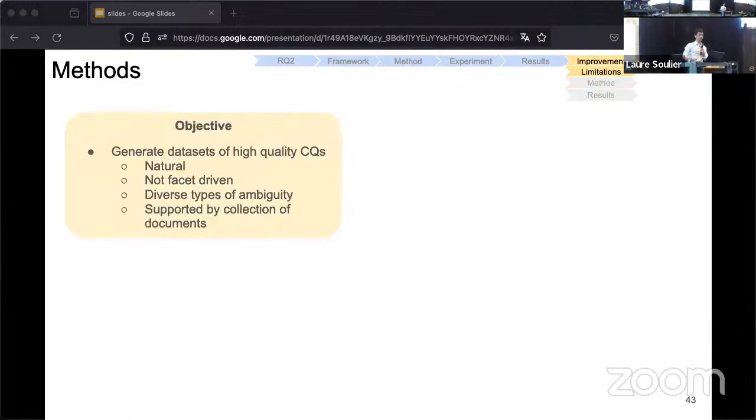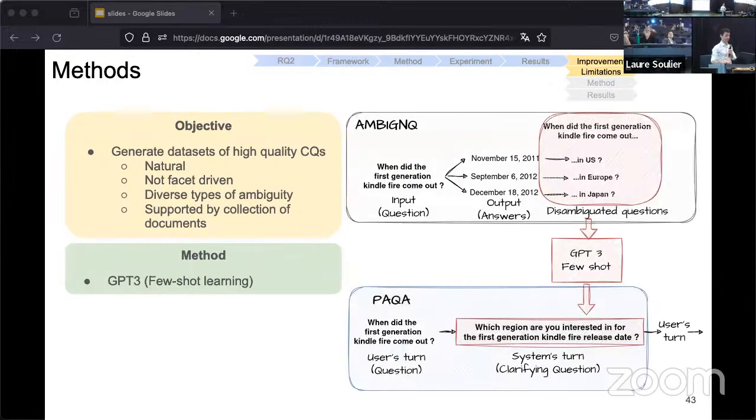So here, our objective is to utilize this dataset to generate high-quality clarifying questions that are more natural and not facet-driven, and that are supported by a collection of documents. In this case, this is Wikipedia. So what we did is that we use GPT-3 in few-shot learning. So we show examples of clarifying questions we wanted to generate using a well-crafted example.